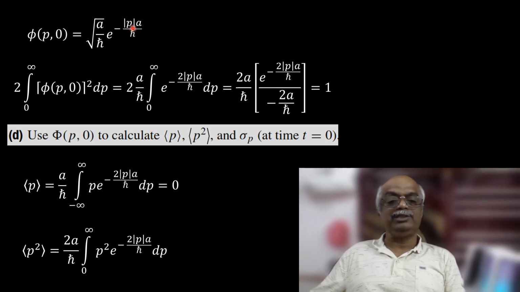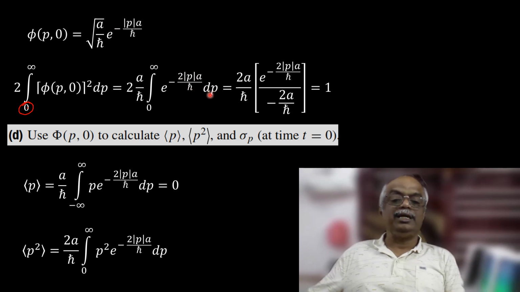Now our task is to find whether this is normalized or not. So now I am changing the limit. Instead of minus infinity, I am taking 0, so naturally a multiplication factor of 2 will come here. The square of this wave function is a over h cross, integral between 0 and infinity, e power minus 2 modulus p a over h cross.